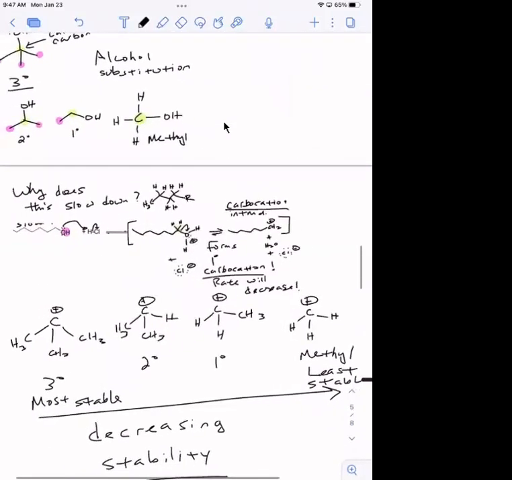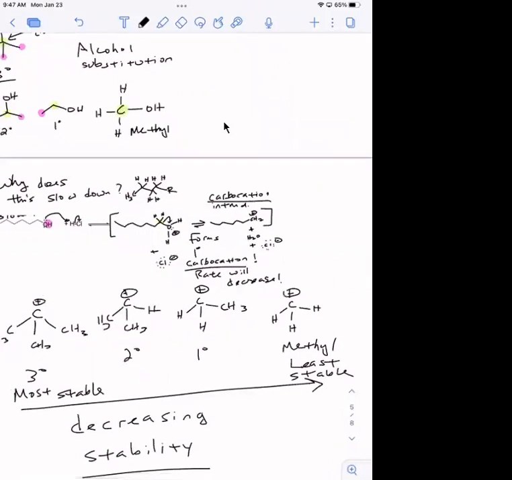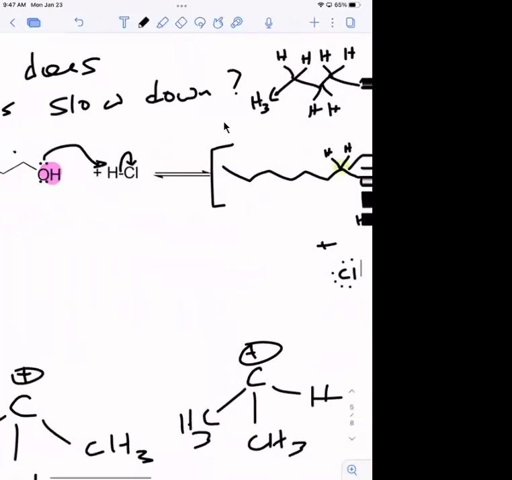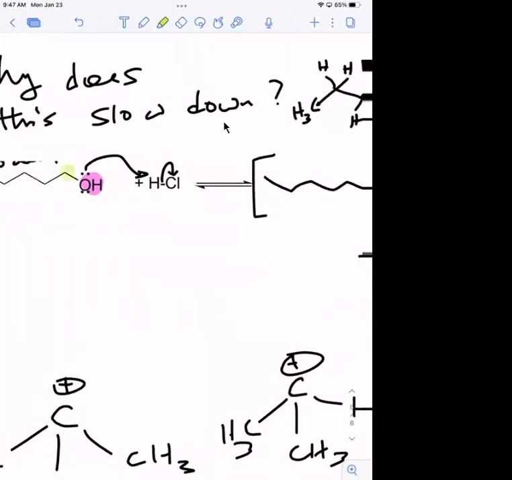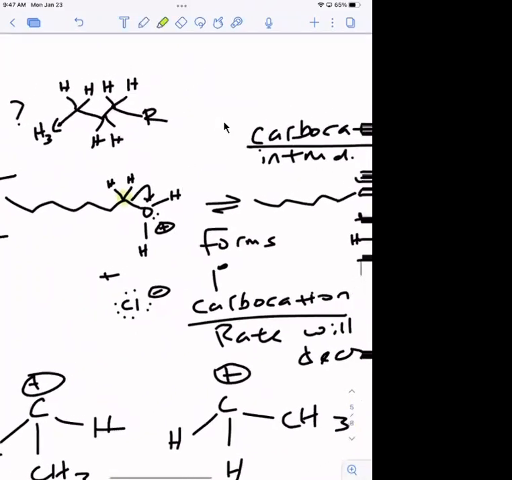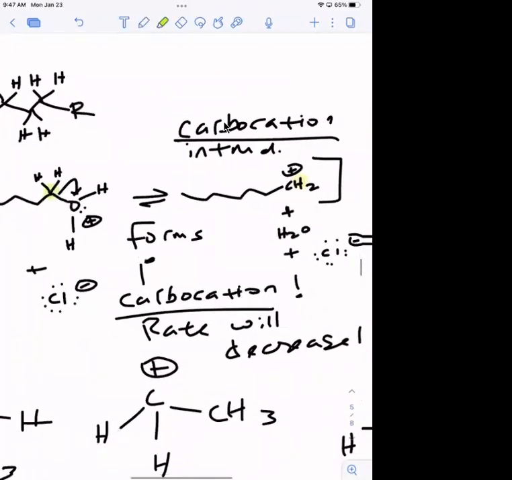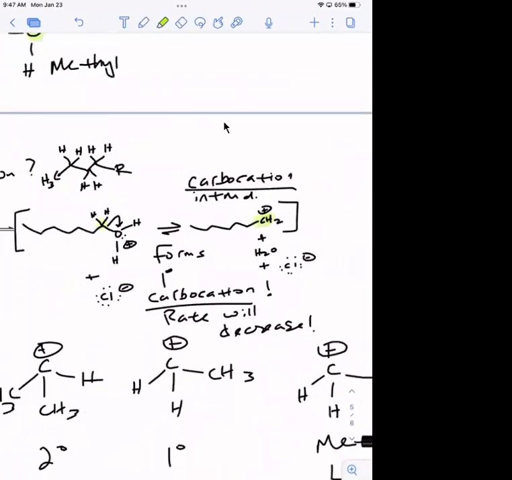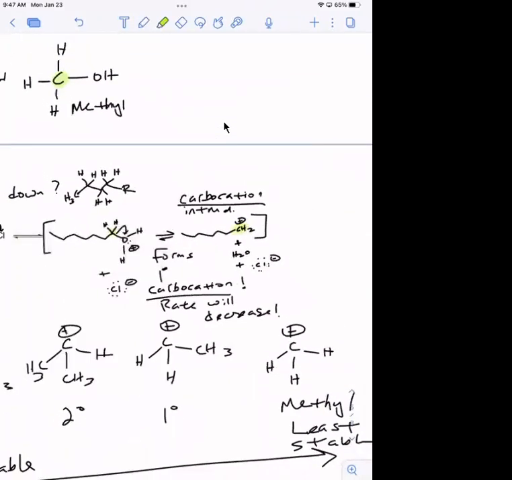I have a question. Go ahead. So, which carbon are we looking at exactly? The one where the OH is right here. Okay, that's what I thought. So that carbon is primary, right? Because it only has one other bond to carbon. And so because of that, when you make it a carbocation, it's going to suck.